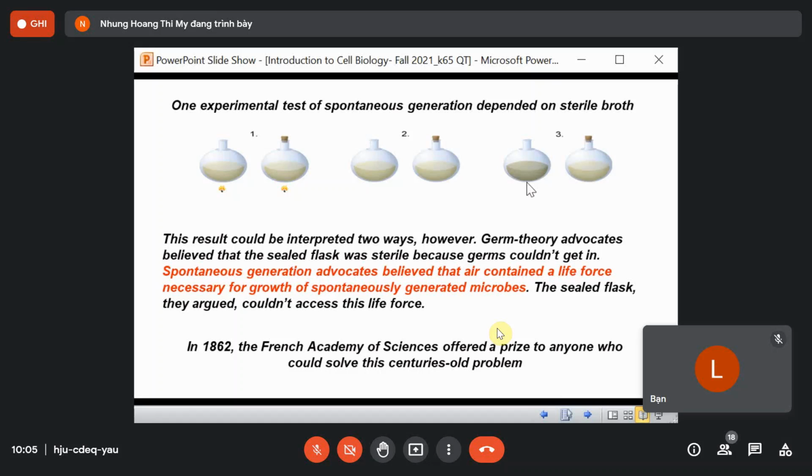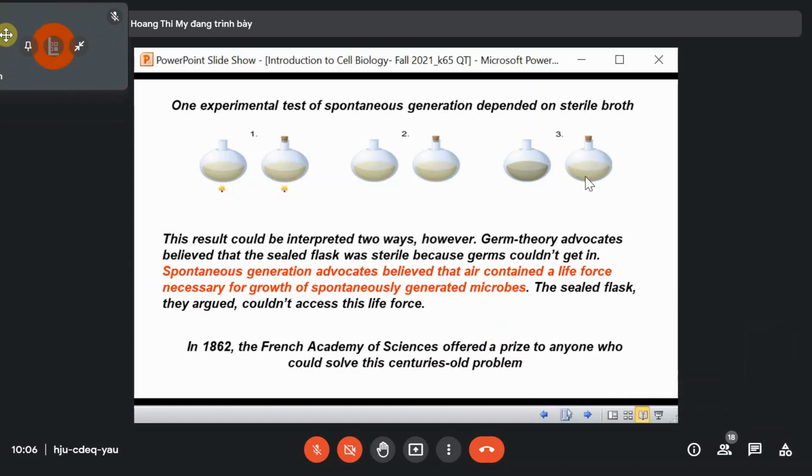So in the open container, if there is a cell present in the solution, the cell will use the nutrients, and the metabolism products will change the pH in the solution and make the indicator change color. So this means in the open container, cells are present, but in the sealed one there are no cells. So no change in the pH and no change in the color.